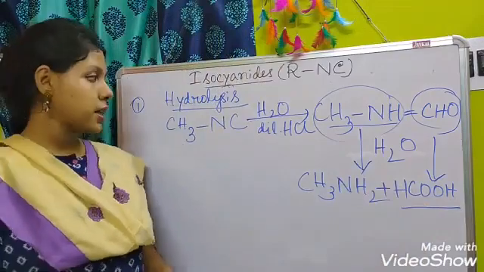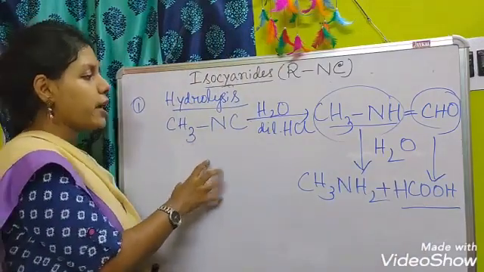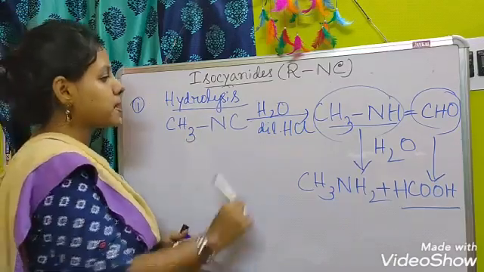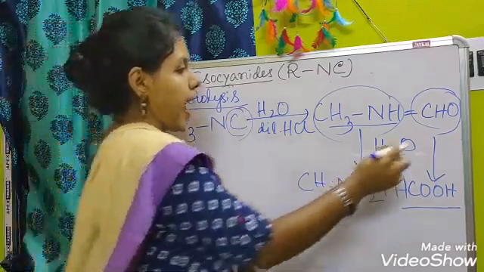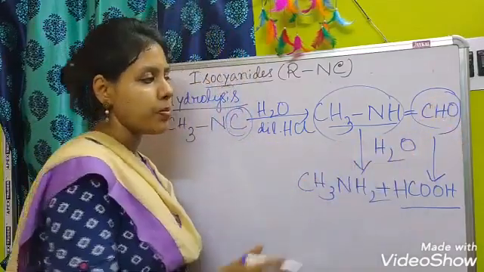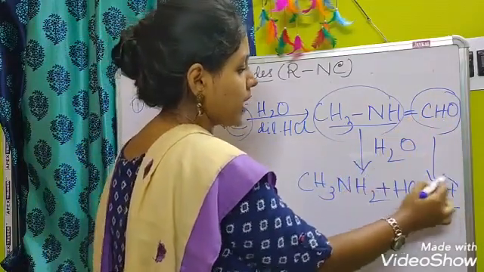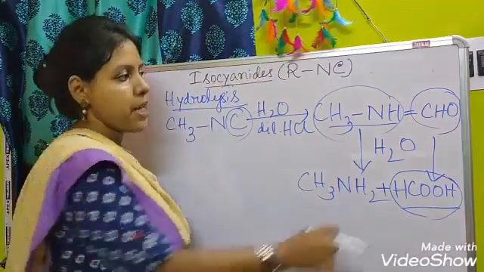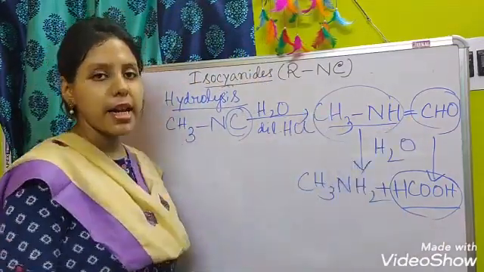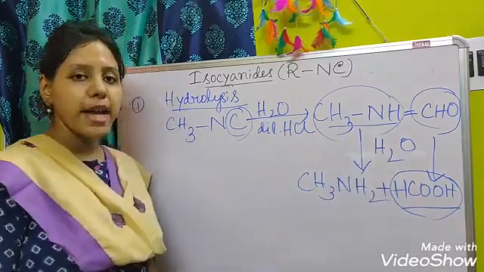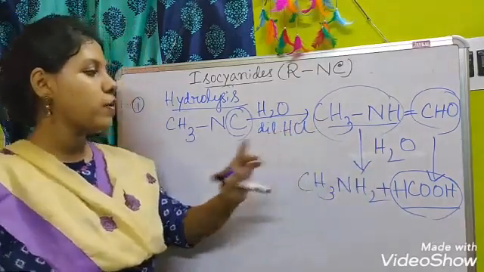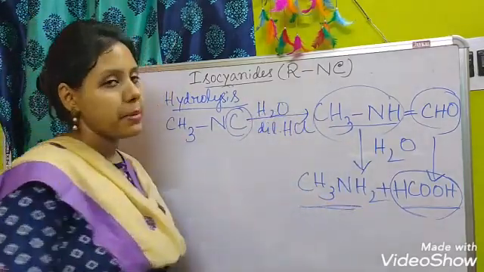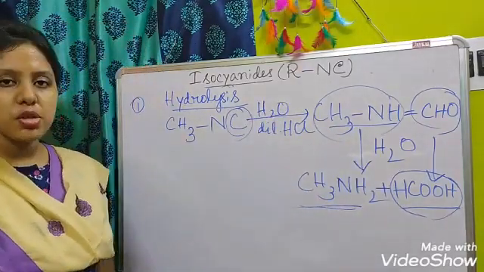Because of this, whenever we undergo hydrolysis of this isocyanide, due to the presence of a carbon here and the CHO group, we will always get only formic acid and not any other carboxylic acid. And this other part will be reduced here, making a primary amine. So this is the hydrolysis reaction.